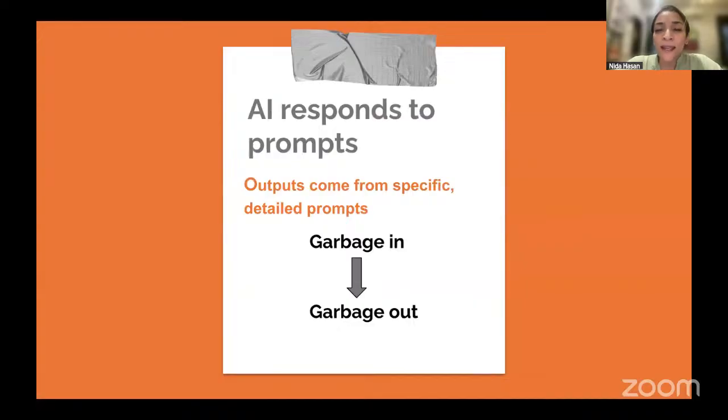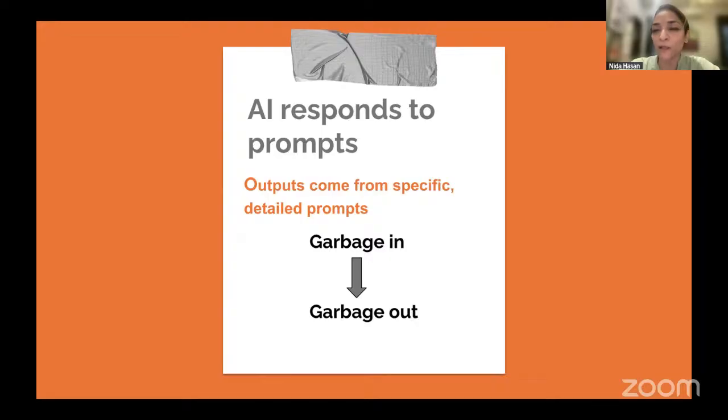Now, if you know AI, ChatGPT is only as good as the prompts. So what I ask ChatGPT has to be very, very specific. If I just ask ChatGPT, make me a lesson plan, there are no specifics in that, so ChatGPT is going to end up making you nothing good.